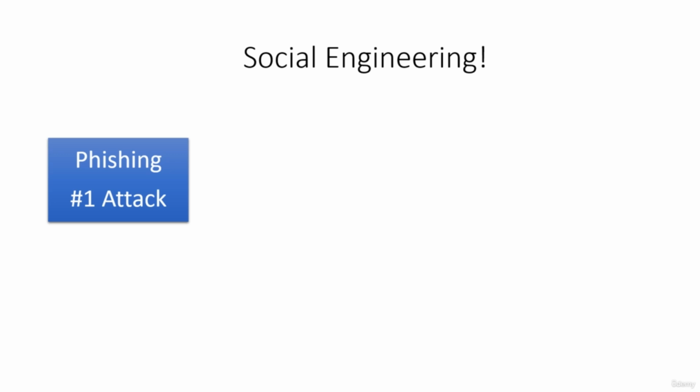For example, it looks like it's coming from someone you recognize, or a business that you do business with, like eBay or your PayPal account. But when it comes to phishing, they are just trying to get your credentials, your username and your password, to hack into your account. Unfortunately, phishing is number one because it is very effective.